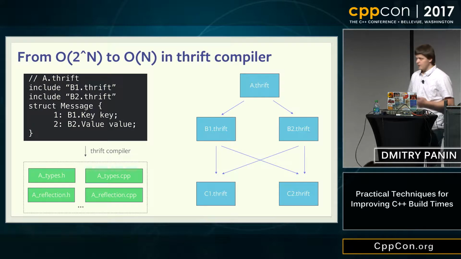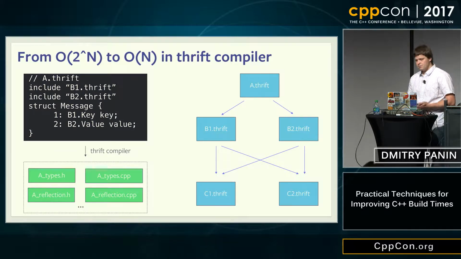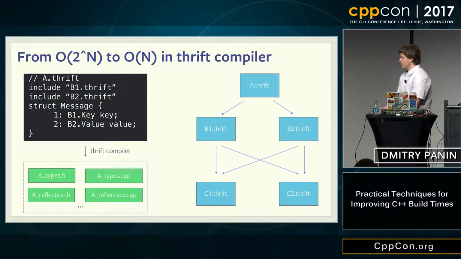In order to do that, the Thrift compiler goes recursively. It runs itself on B1, and it needs to parse it, so it needs to know all the types in B1. To do that, it needs to go recursively to C1 and C2. Then we go and process file B2, which will go and process files C1 and C2.